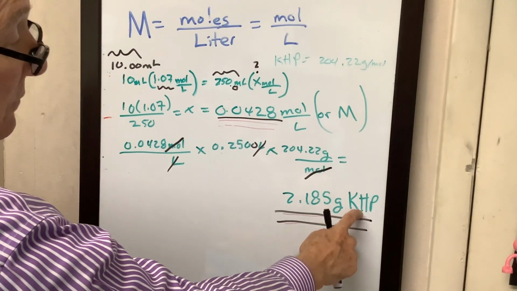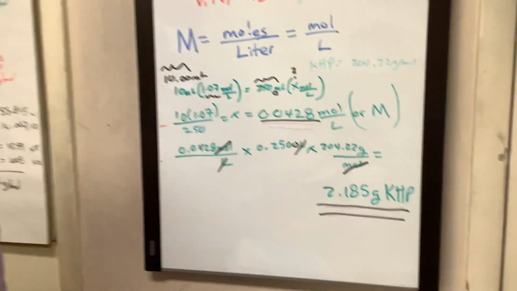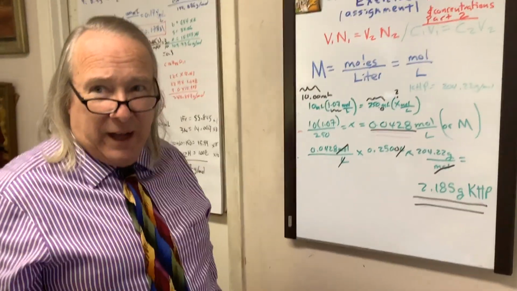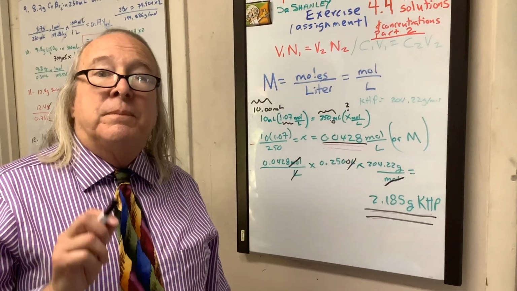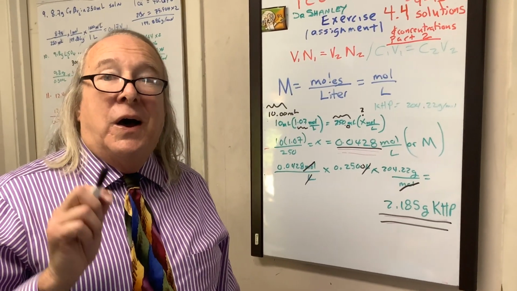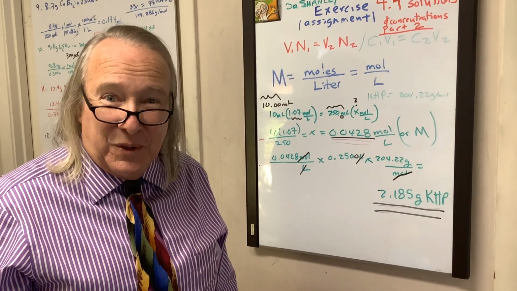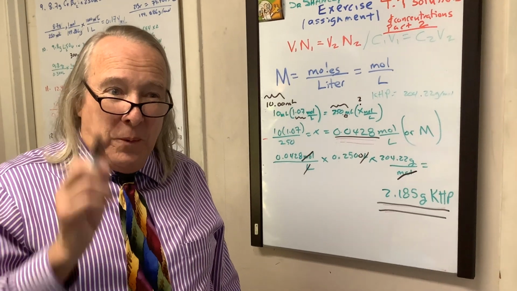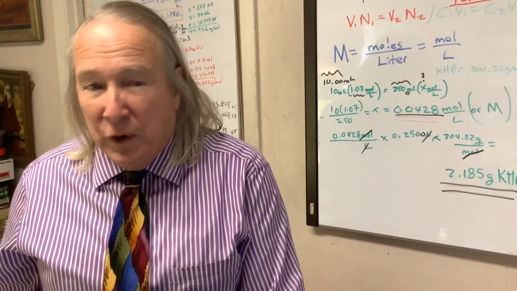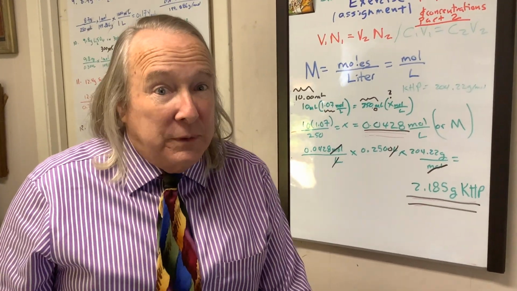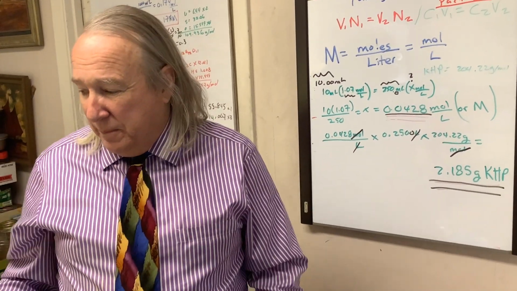And luckily they gave us the abbreviation KHP because I hate writing out potassium hydrogen phthalate or phthalate ester or phthalic acid or any phthalates, because I lived in Germany for 2 years, but I don't spell those German words very well. So, in my day, if you were going to be a chemist, the language you had to take was German because many of the early organic chemists were German.